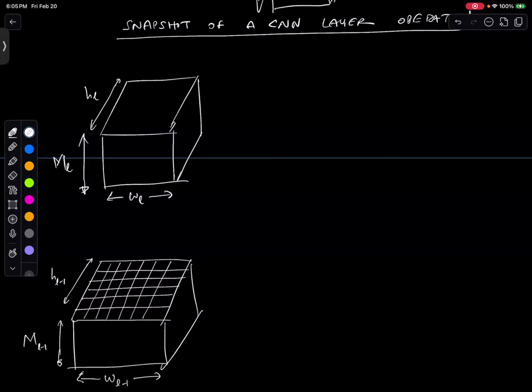Well, obviously in a specific snapshot in time, the filter, let's assume that the filter is right here. Okay, it's located right there, and it is obviously going to create, as I told you, at this specific snapshot in time, a scalar.